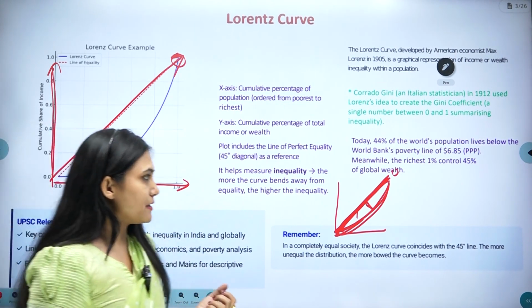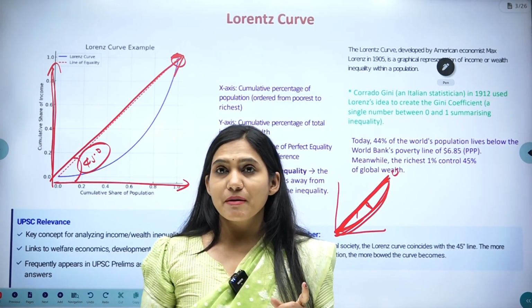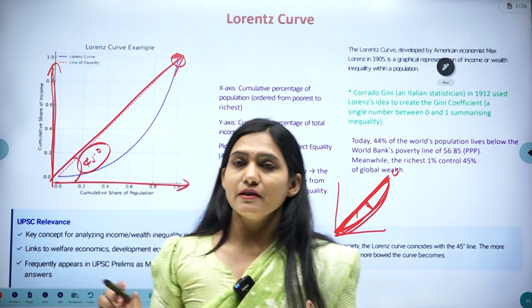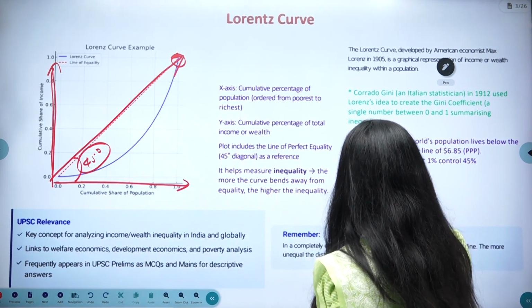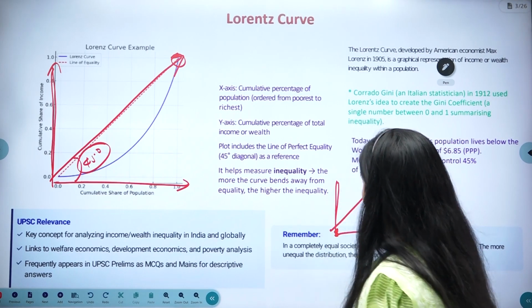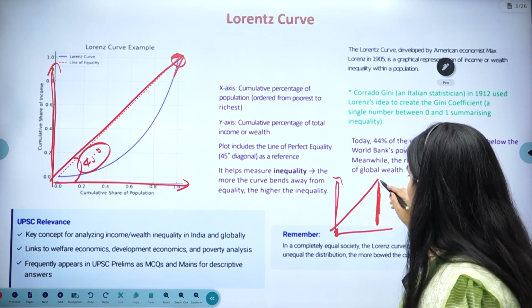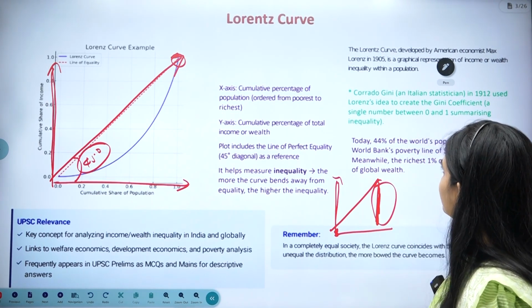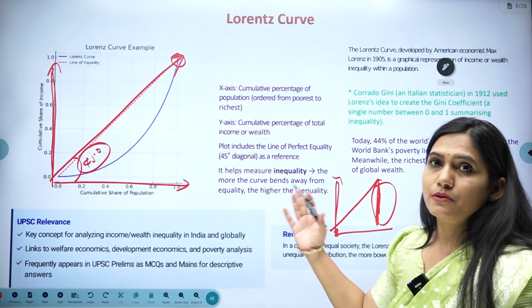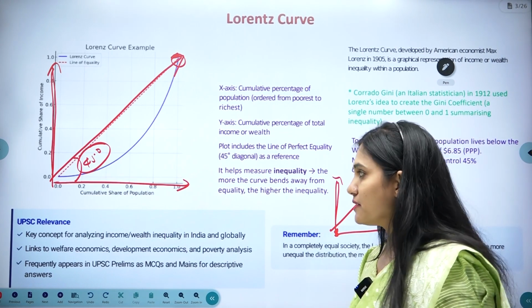For example, here if 100 rupees are carried by one person and other 99 people are not having anything, then it will create a complete parallel line to this y-axis, right? So this is how the Lorentz curve was put forth by Max Lorentz.